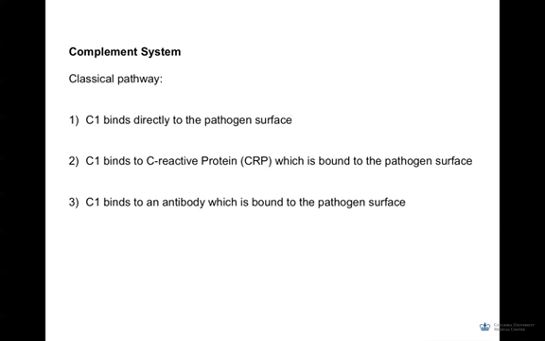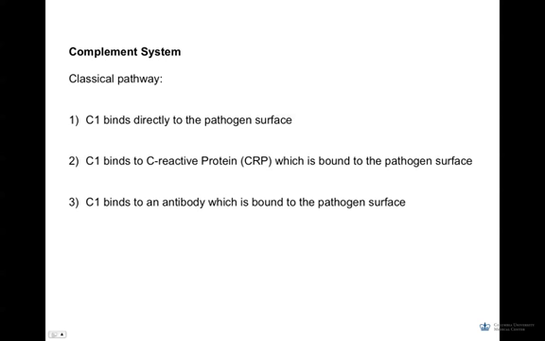The first way is that C1 can bind directly to the pathogen surface. The pathogen is in the bloodstream, C1 finds the pathogen, binds to it and becomes active, and that starts the cascade. The second possibility is that C1 can bind to a protein that is already bound to the pathogen surface called C-reactive protein, or CRP.